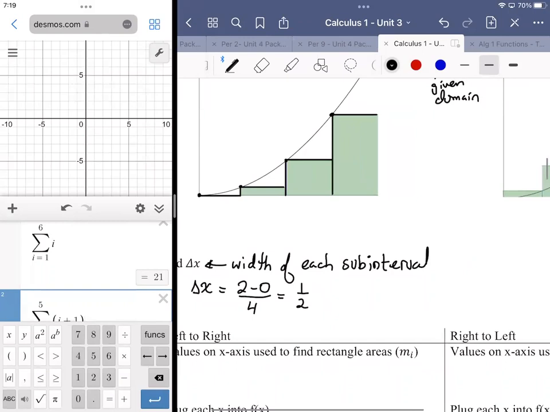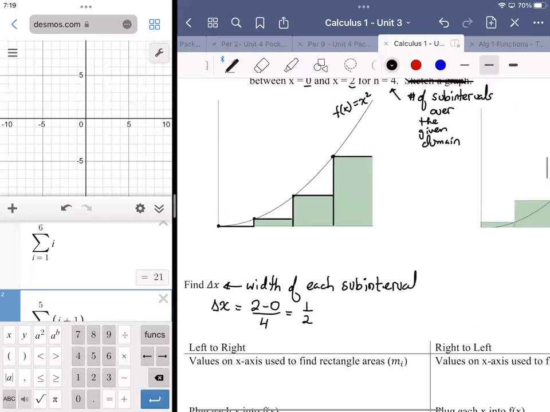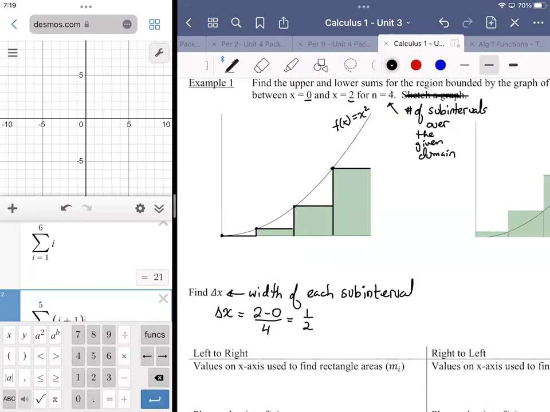I can fit these rectangles into the curve only so well because of the constraint of 4 subintervals, where n is equal to 4, meaning the number of rectangles is equal to 4. I'm not going to be able to fill in all this space, so that's going to be a pretty sizable underestimate of the overall area, but it's something.